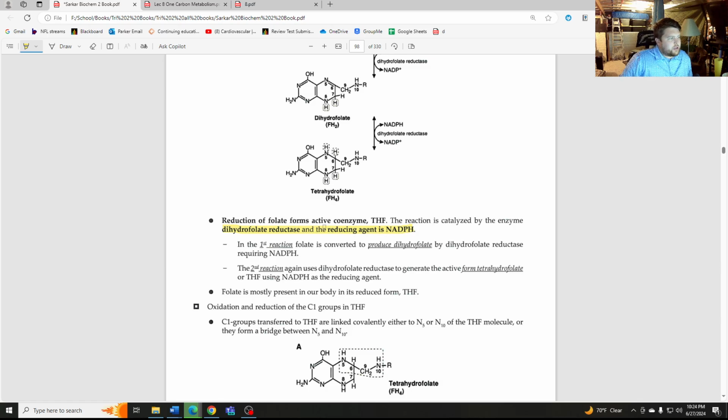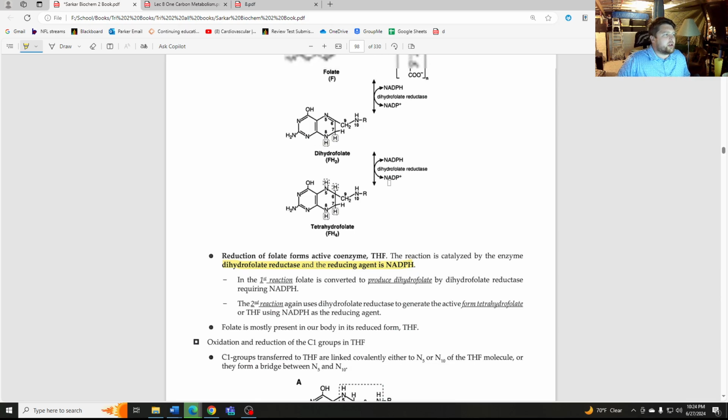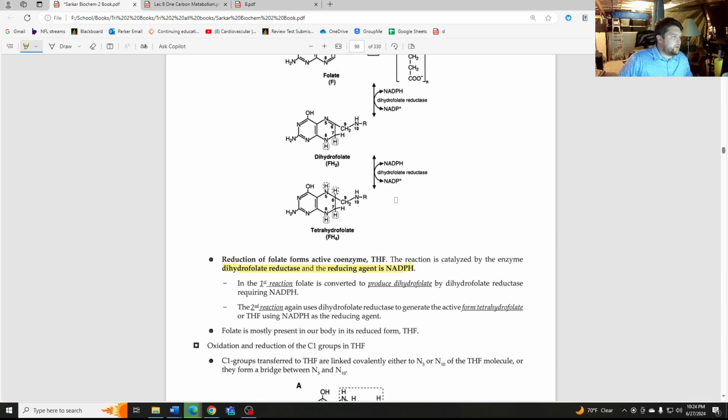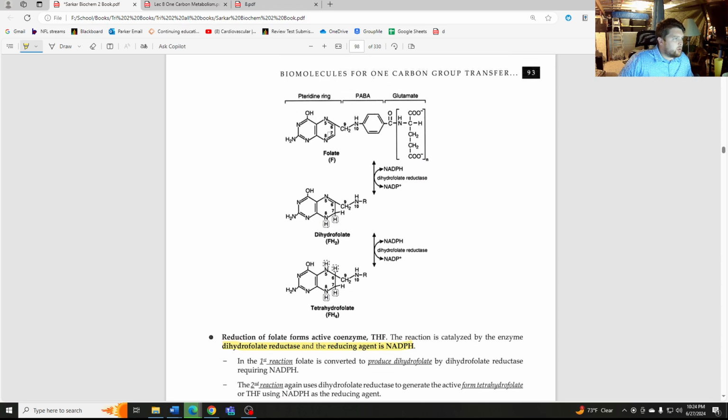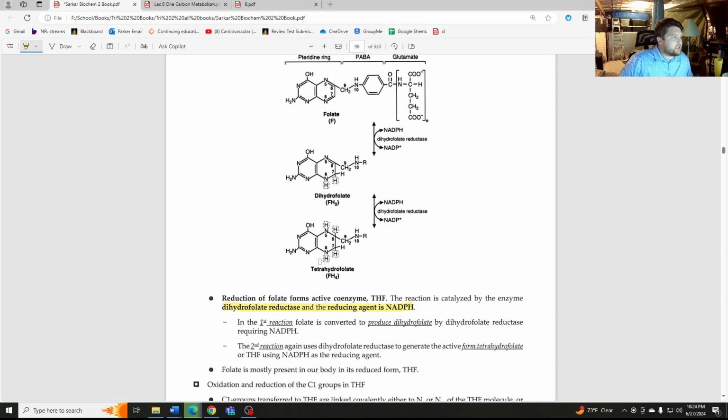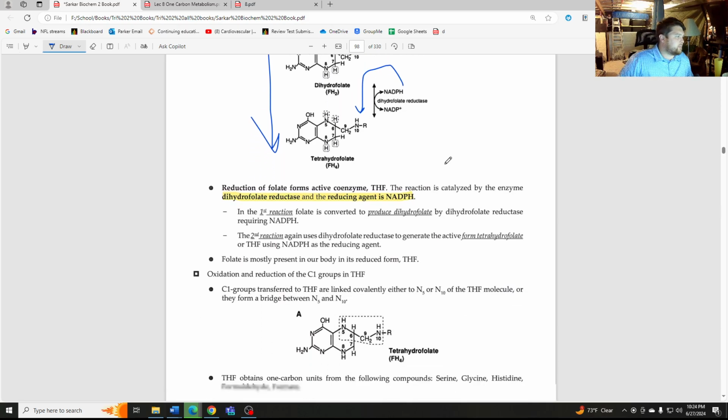And remember, our reducing agent is the NADPH, because when we're going from folate to tetrahydrofolate, we're giving those hydrogens to get the tetrahydrofolate.